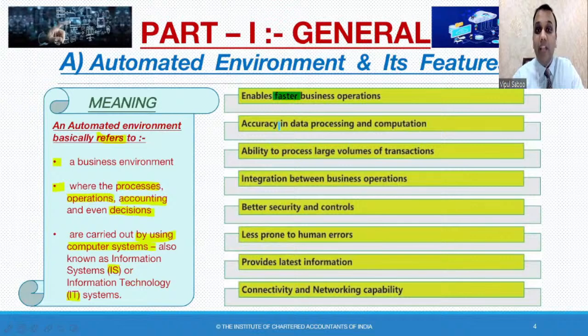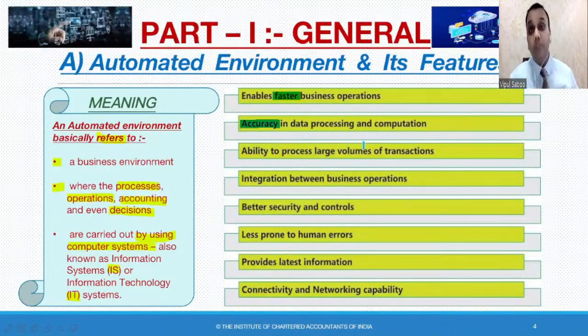Accuracy in data processing and computation. I've given my accounting software that you have to calculate provision for doubtful debts at the rate of 10%, the depreciation at the rate of 15%. If I'm doing it physically, I'll take up a calculator. Okay, 1,159 multiplied by 10% is the depreciation on furniture. Okay, depreciation minus from the fixed assets and then provision for depreciation created.